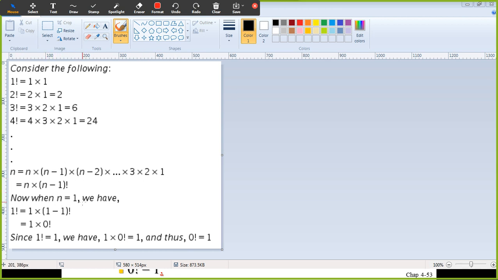Now if we suppose n equals 1, then 1 factorial equals 1 multiplied by 0 factorial. Because 1 factorial equals 1, 0 factorial is equal to 1. So this is how they show why 0 factorial equals 1.